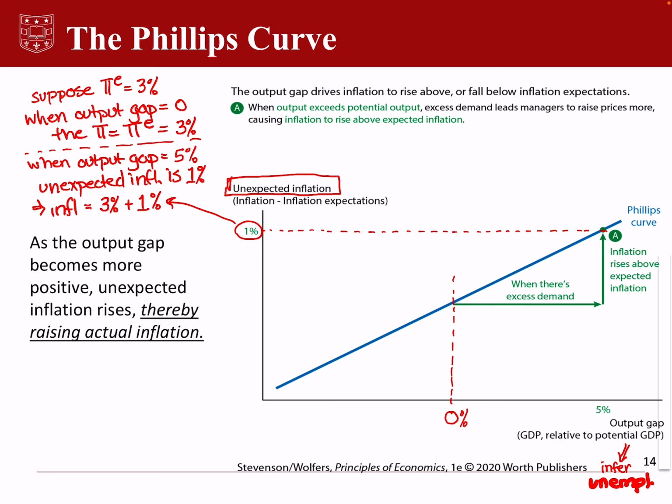And we would say that the actual rate of inflation is 4%. That's what we mean by inflation rises above the level that it was expected. So when we see the economy start to heat up, that provides an impetus for firms to be raising prices, and inflation rises as a result above the level that people expected.